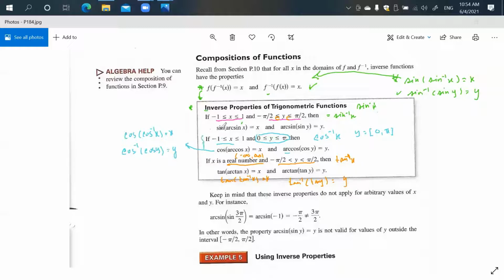Okay, see the color I wrote. So this needs to be kept in mind. And y has to be restricted to the domain and range. Last lesson we already said, if you don't restrict it, the inverse will no longer be a function anymore, it's going to be a relation. So we have to restrict it. Now we see examples. See this example.